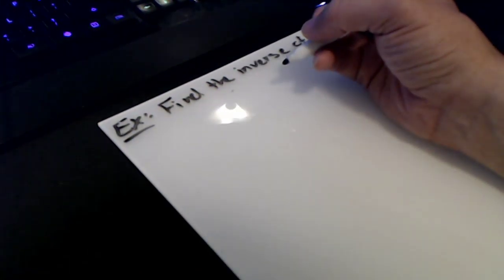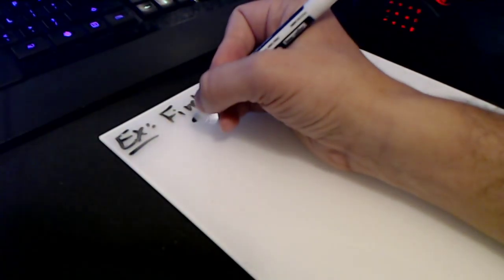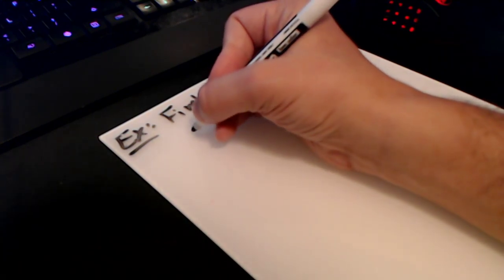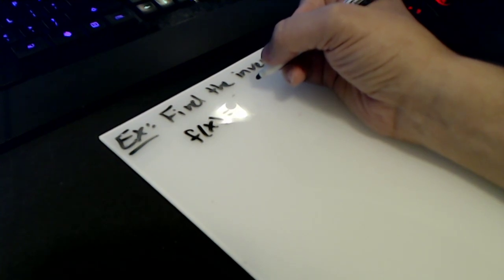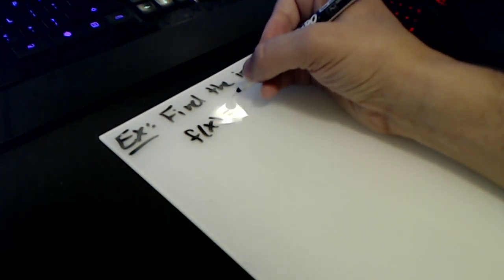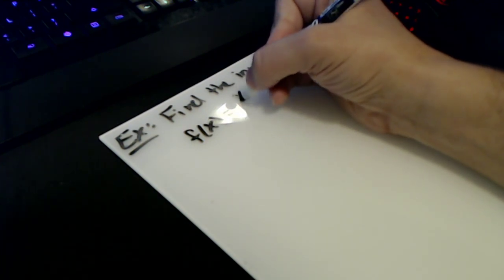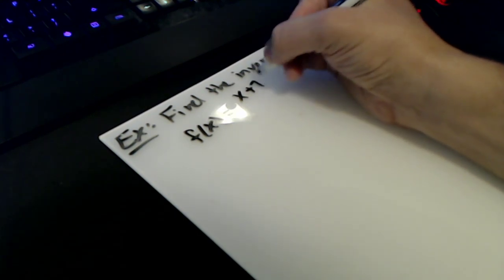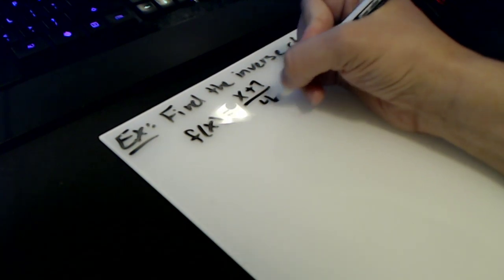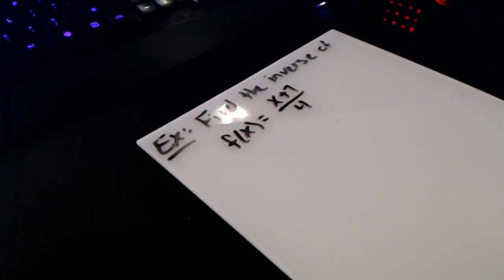All right, so this time we're going to find the inverse of f of x equals x plus 7 over 4. I'm making these up, so sometimes they work out great, sometimes they don't.